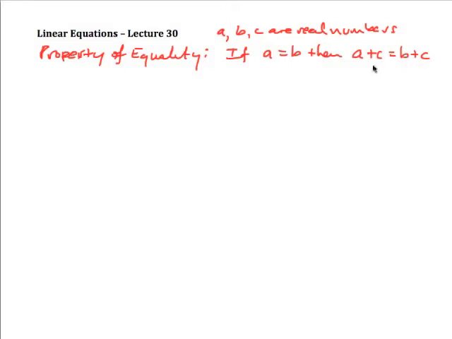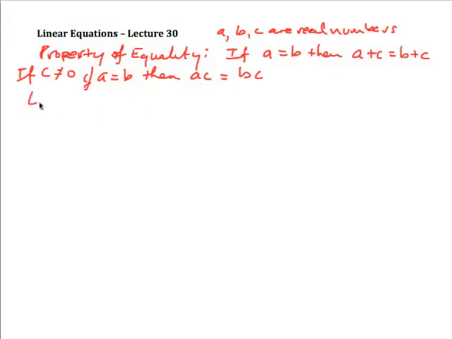I just can't add it to one side because it becomes unbalanced. We also have the case that if C is not equal to zero, and A is equal to B, then AC equals BC.